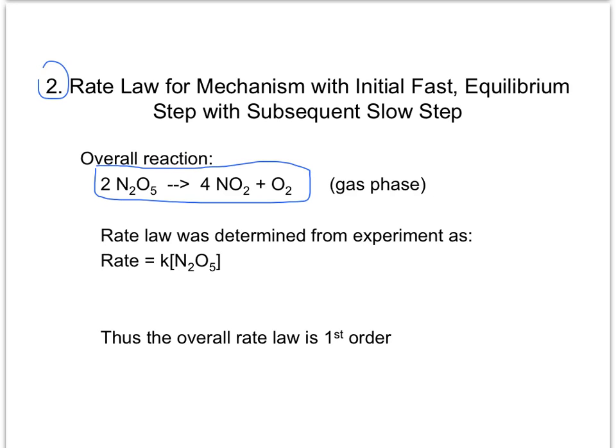This is the N2O5 decomposition to form 4 NO2s and O2. And remember, we looked at this in some detail and came up with a rate law based on experiment that is first order in N2O5. Remember, we doubled the concentration of N2O5 and the rate of the reaction doubles. All right, so this is the information from experiment. We know that it's first order.